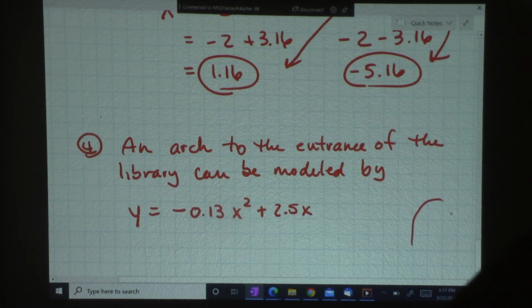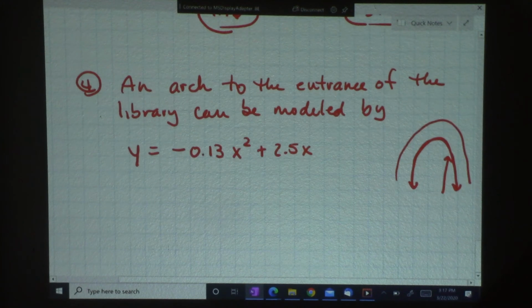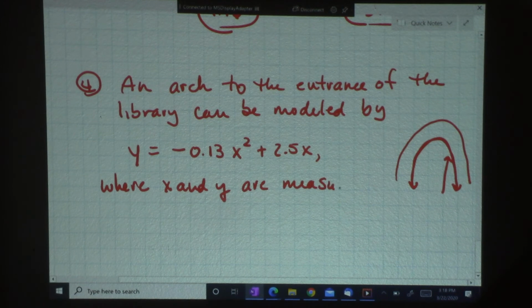So there's an arch at the library, and if you actually made the arch, drew a line to it, the equation of that parabola would be what we have here. Okay? Where x and y are measured in feet.